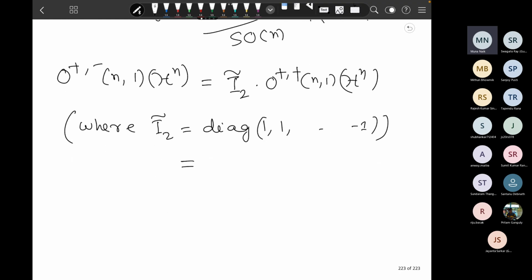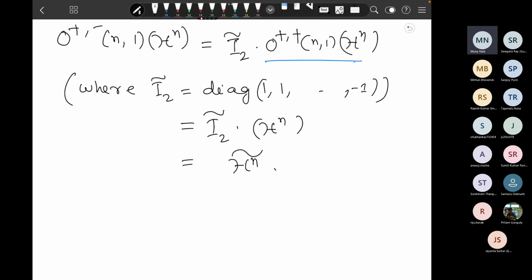But O^{++}(n,1) acting on H^n is equal to your H^n. So this is equal to I_2 tilde times H^n. Since this matrix I_2 multiplies the last coordinate by minus 1, it will be really H^n tilde.